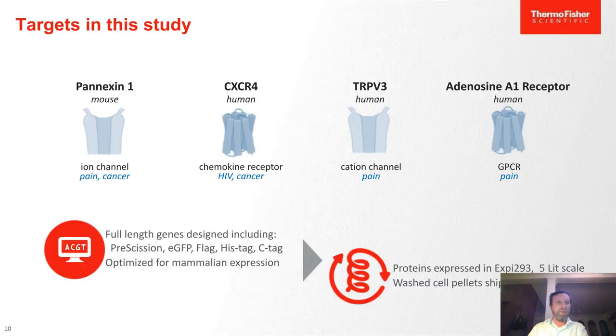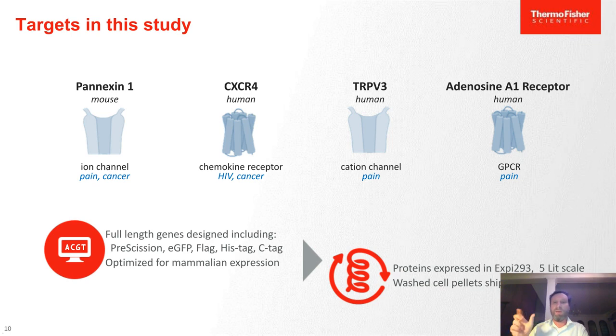Coming to our actual project here, where we concentrate on membrane proteins, we chose 4 representative proteins, 2 ion channels and 2 GPCRs, which are of clinical relevance, in cancer, in HIV infection, in pain, and designed these to have high expression in mammalian systems.